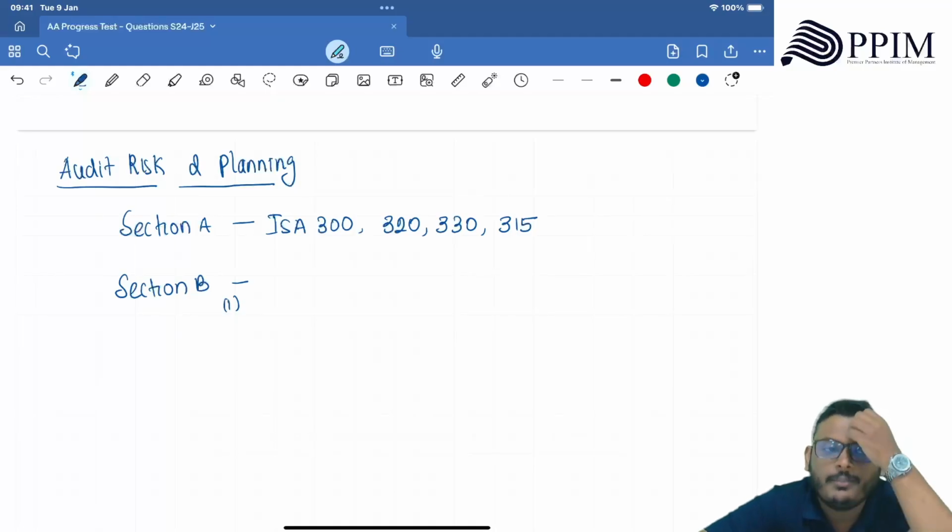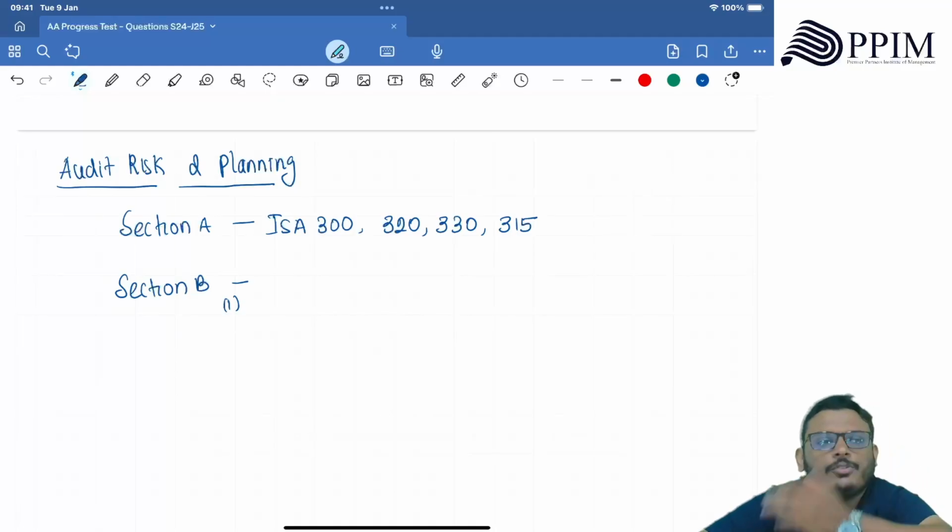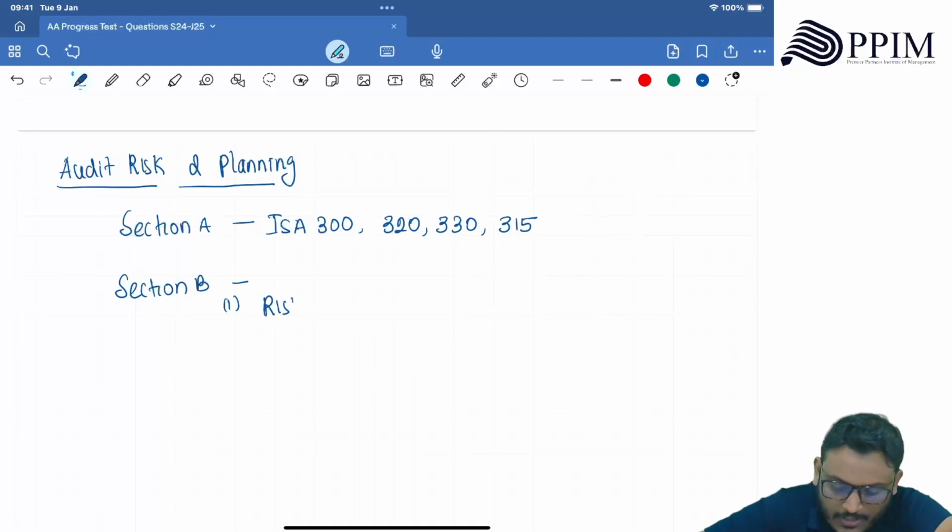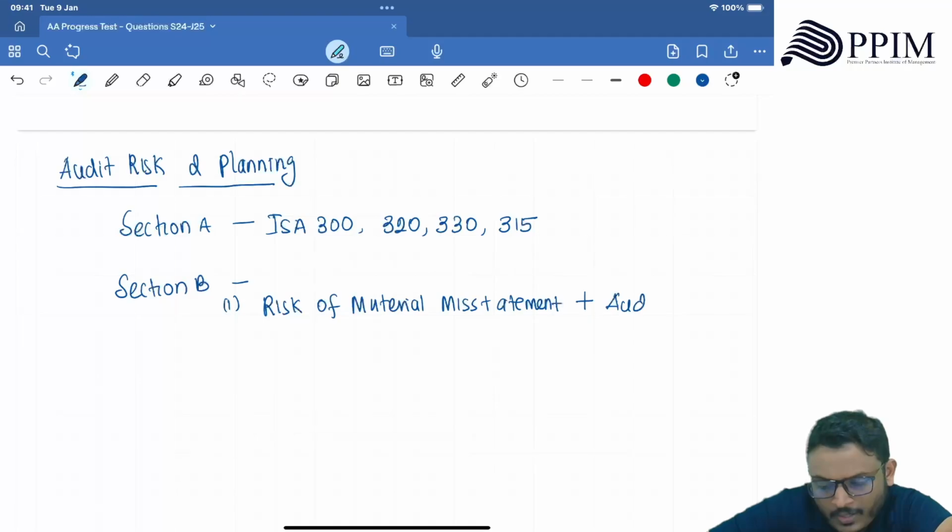Right, so this time I'm expecting mainly two types of question. One is they might ask you to identify risk of material misstatement, or audit risk.